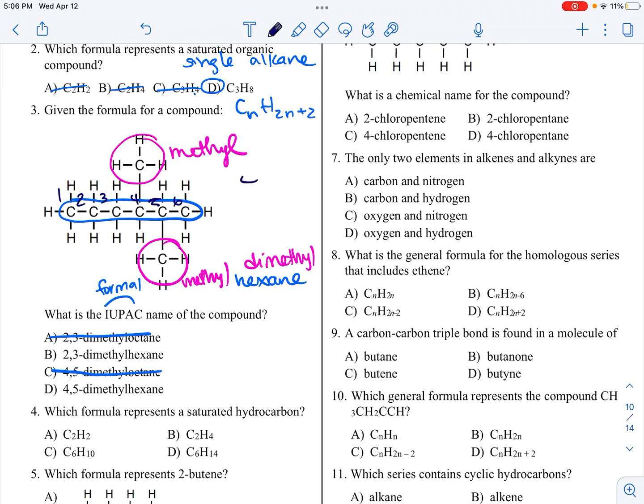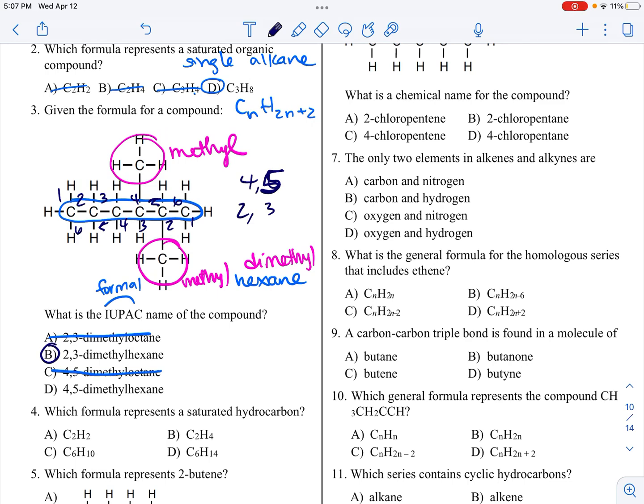So that would be a 4, 6 if I did it left to right. But if I went this way, it would be 1, 2, 3, 4, 5, 6. So it would be a 2, 3. Well, the answer is, oh, and also I can't count, or it's too small, it'd be 4, 5. Anyways, it would have to be the lower set of numbers. You always want your locations to be the lower set of numbers. So it's going to be the 2, 3.